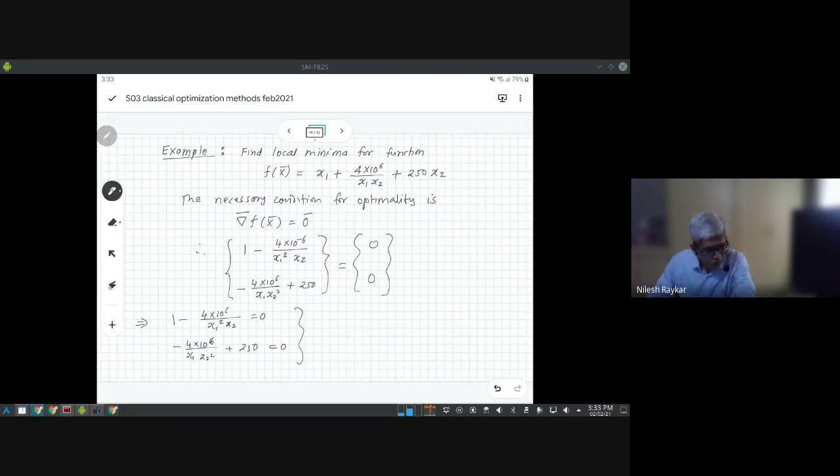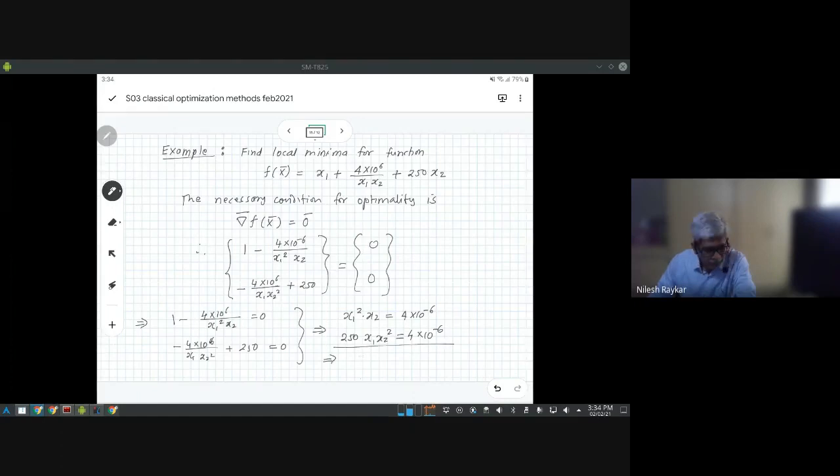So this would imply that x1 square x2 equal to 4 into 10 to power 6, and 250 x1 x2 square equal to 4 into 10 to power 6.